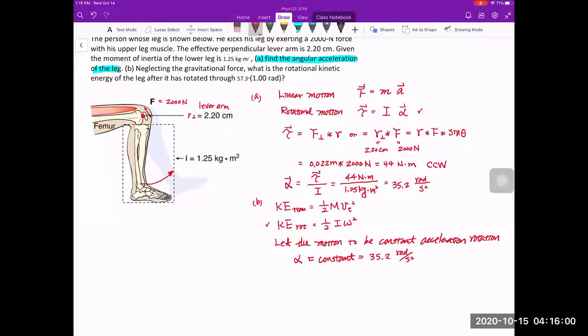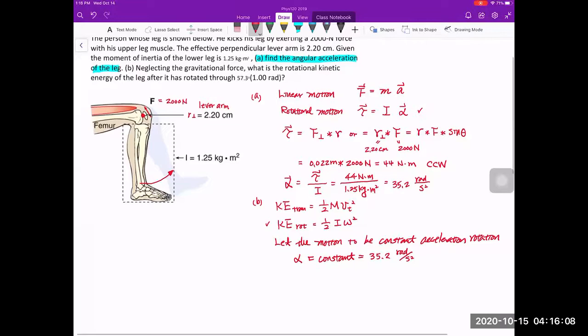Well, for constant acceleration motion, you have three equations you can use. Similar to linear motion, we have one equation that looks like this: the final omega is going to be the initial omega plus the acceleration times the time.